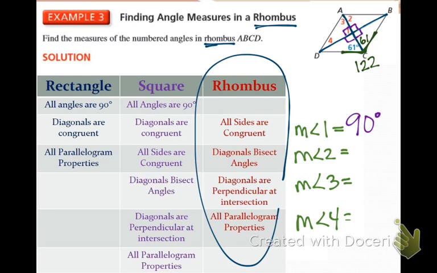Okay? So look at this. If angle C is 61 and 61, remember that opposite angles are congruent to each other. So angles 2 and 3 have to also be 61 and 61.